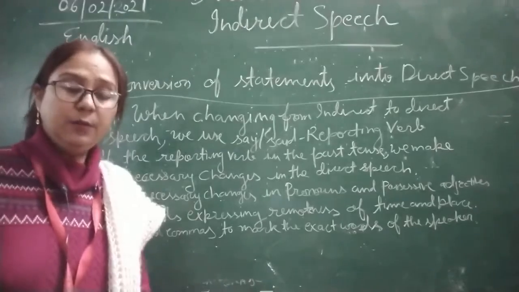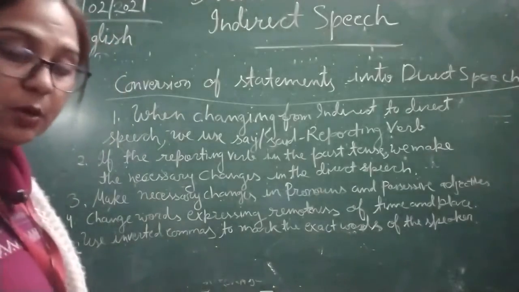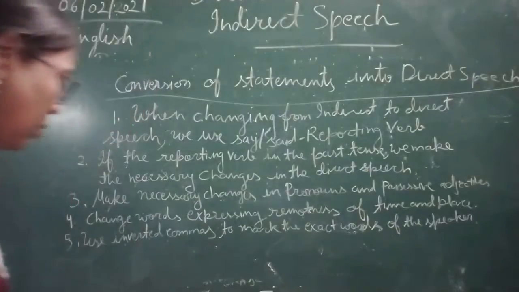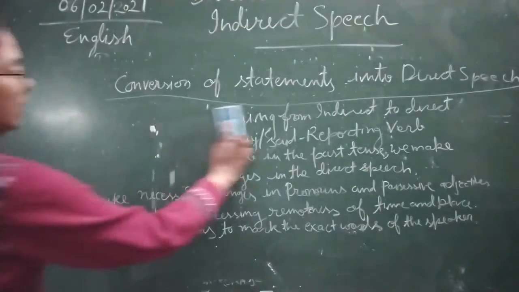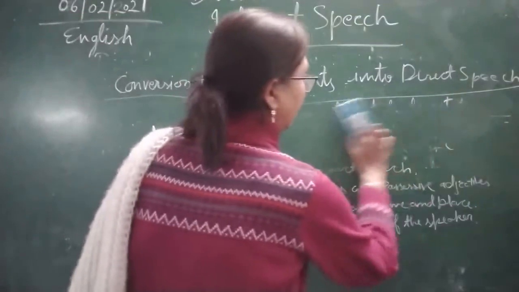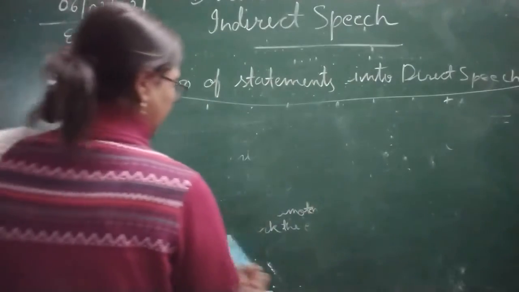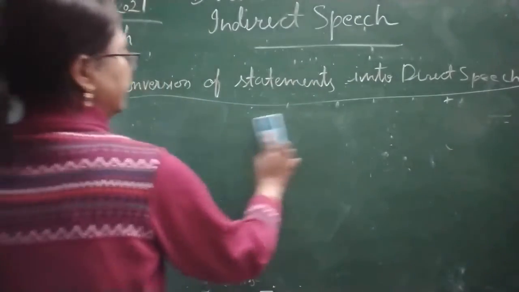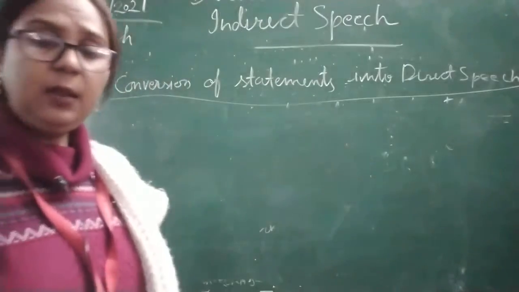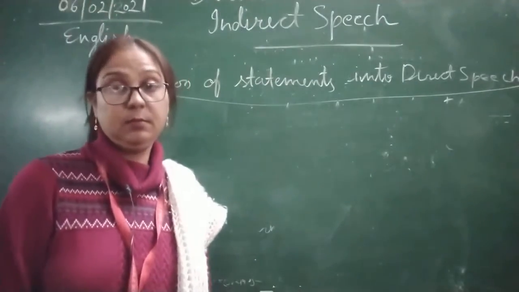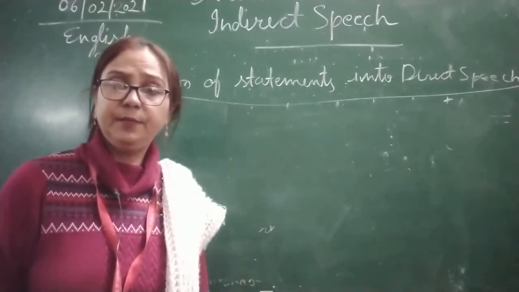Now children, we are moving to the next rule, that is conversion of commands. That is also a very important thing for making direct to indirect speech. Commands, as we say, are imperative sentences; you can see many types of command, request and permission.